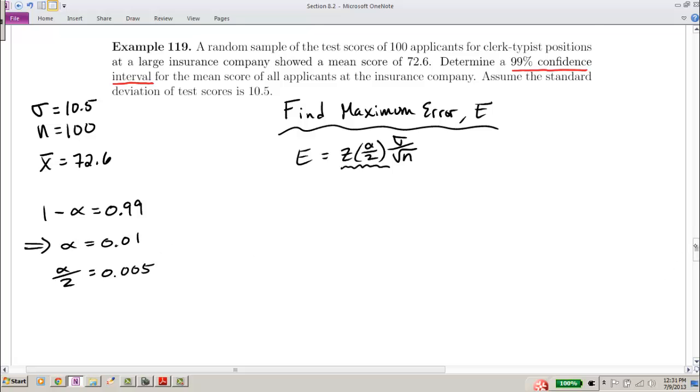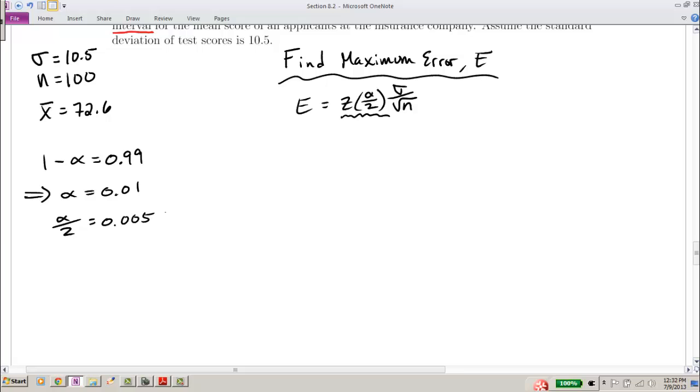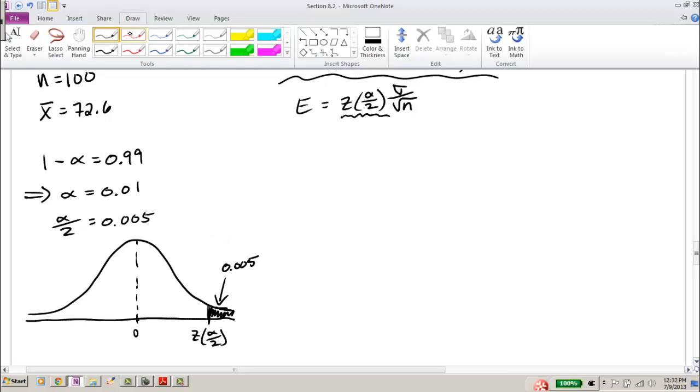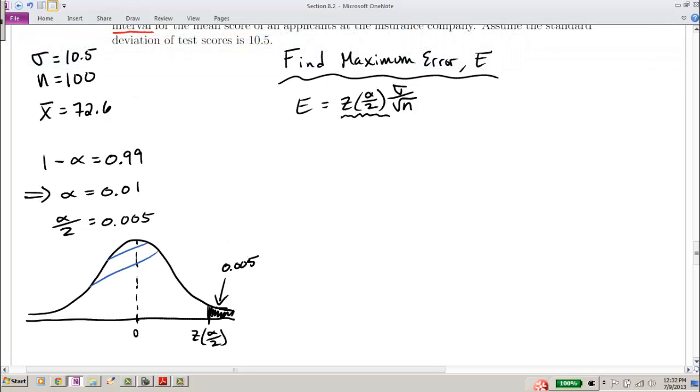So z of alpha over 2 is going to be the z-score for which the total area to the right is 0.005. And that means, of course, that the total area to the left is 0.995.